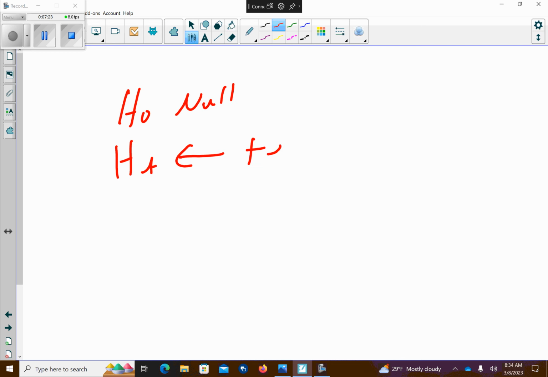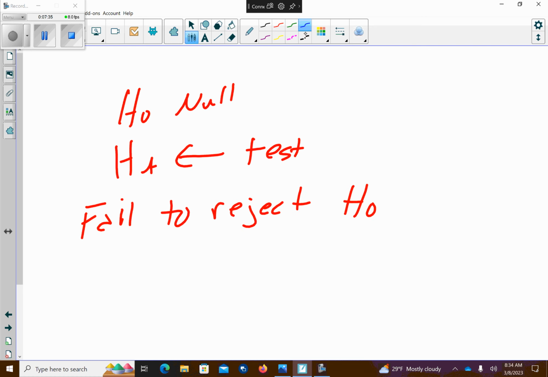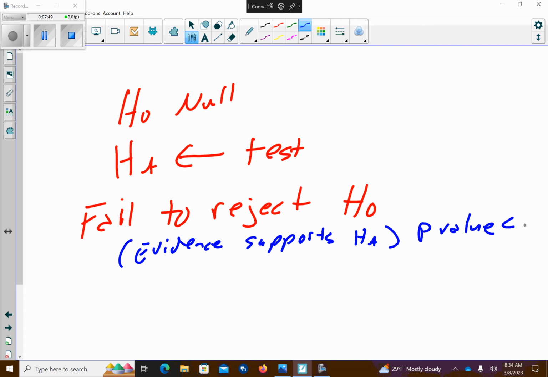We test the alternative, and then we use terms to fail to reject the null, and this just meant evidence supports HA, and this deals with the p-value that is less than 0.05. And then we also have the other thing where we could reject the null.